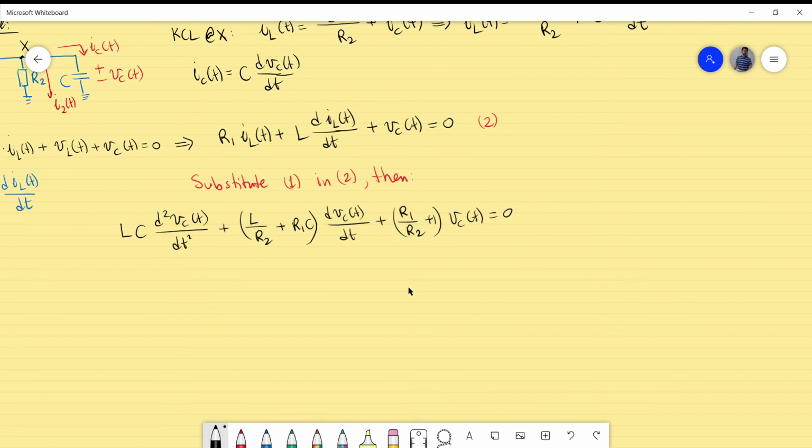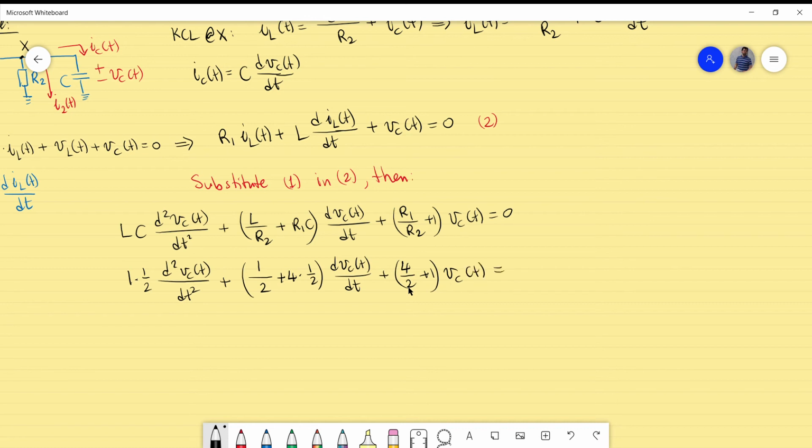This is 1, this is a half, and I will have also here a 1, and R2 will be a 2, and this will be a 4 times a half, times the first derivative of the capacitor voltage, and we have 4 divided by 2 plus 1 for the last term.